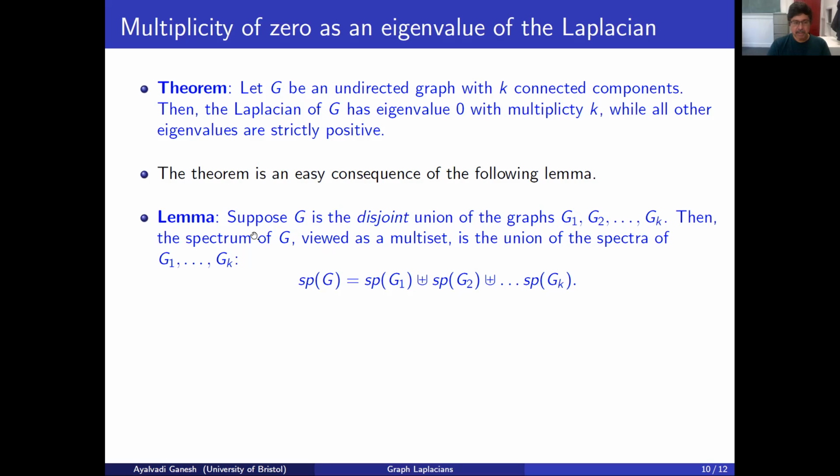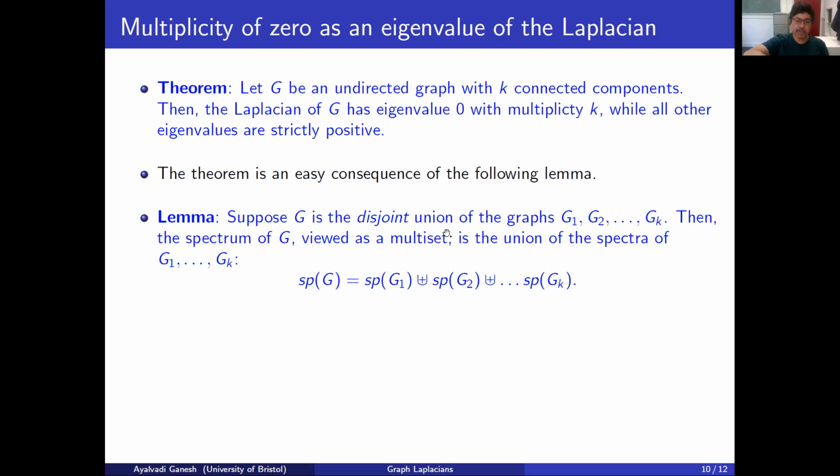Okay, then the spectrum of G, by spectrum I mean the set of all the eigenvalues of G, you should now think of this as a multiset. In a set, if an element is repeated, you don't care. You only count it once, but in a multiset, you keep track of the multiplicity of elements. So we can think of the spectrum of G as a multiset.